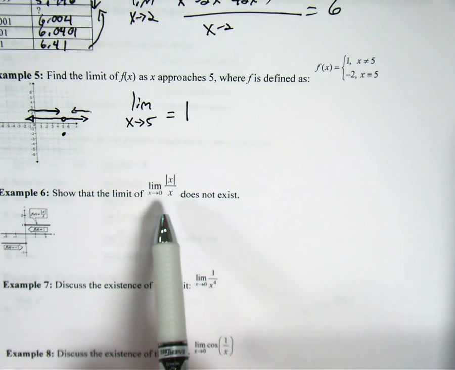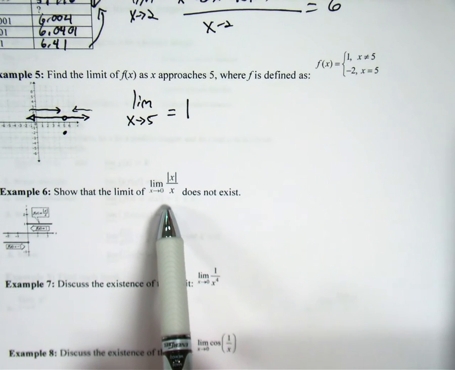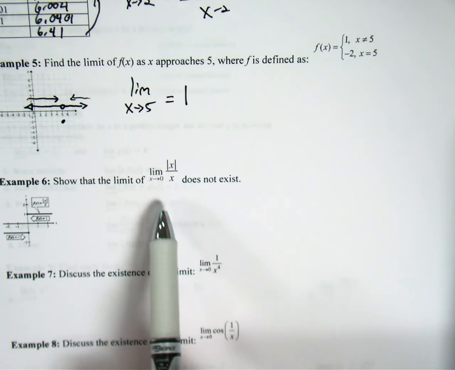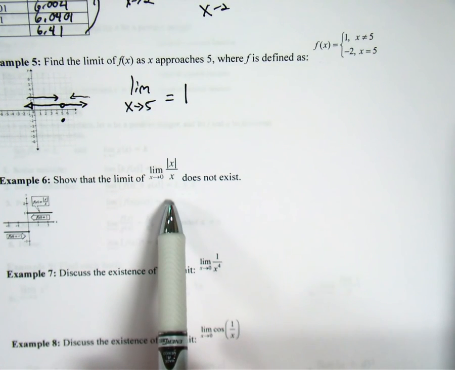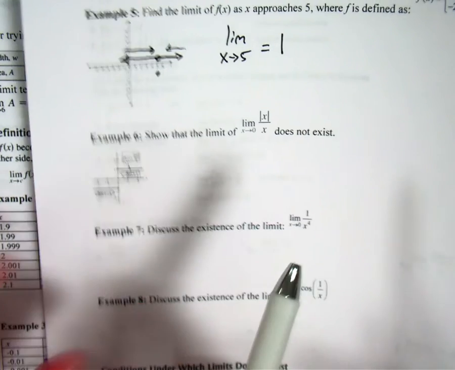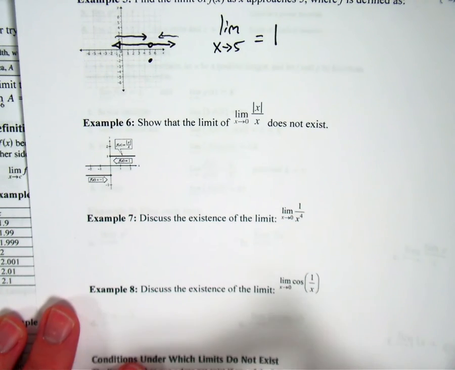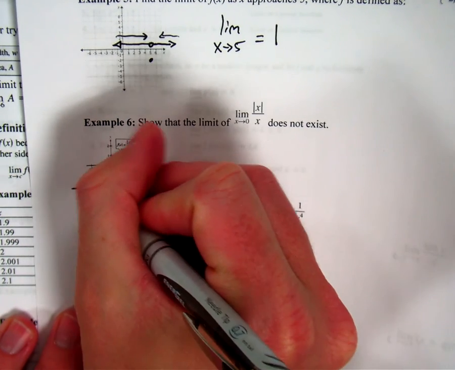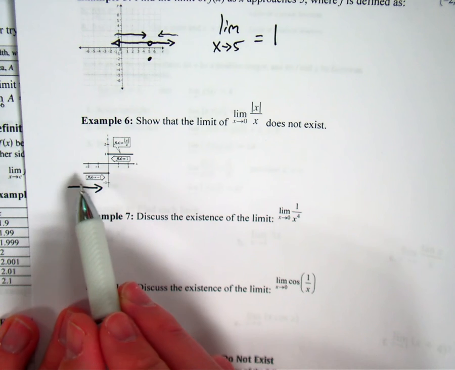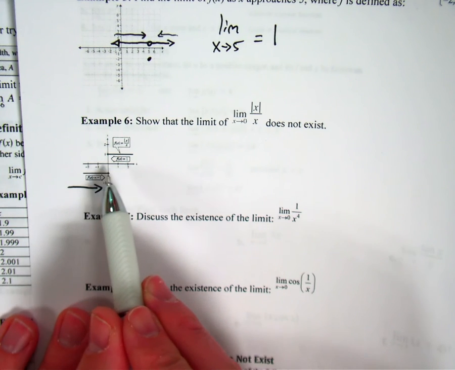Show that the limit of absolute value of x over x as x goes to 0 does not exist. Okay, they have it graphed for us over here on the side. As I'm coming in from the left, what does our limit look like it is? -1, -1, -1, -1.